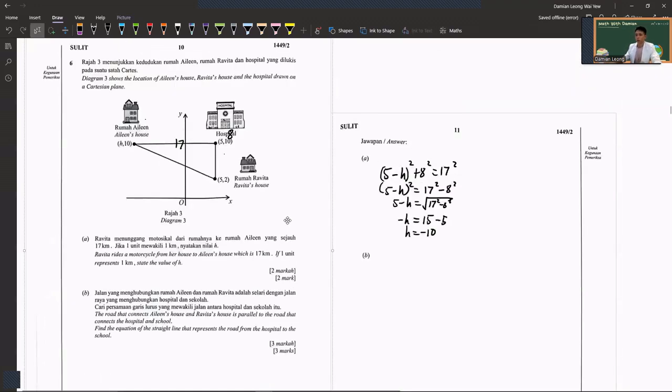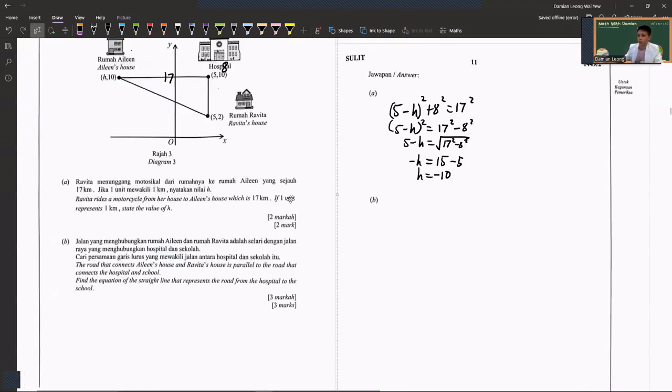I want the equation of the straight line that represents the road from the hospital to school. Since the road connecting Eileen's house and Ravita's house is parallel to it, I need to form an equation of a straight line.